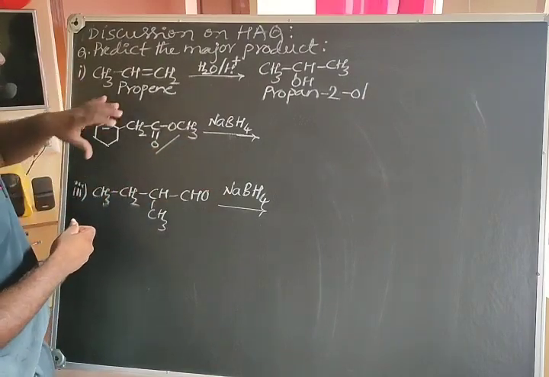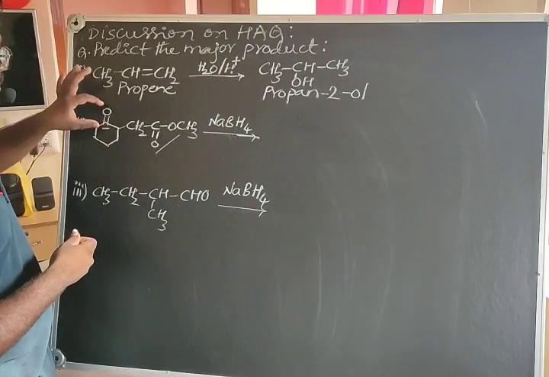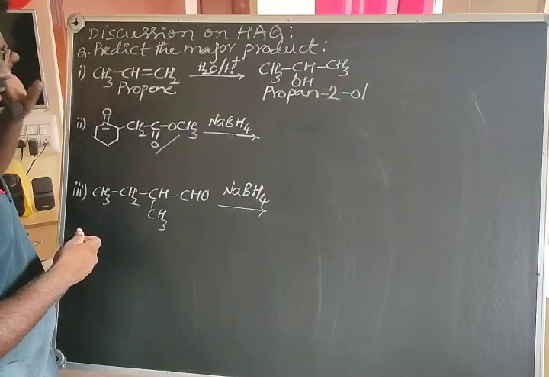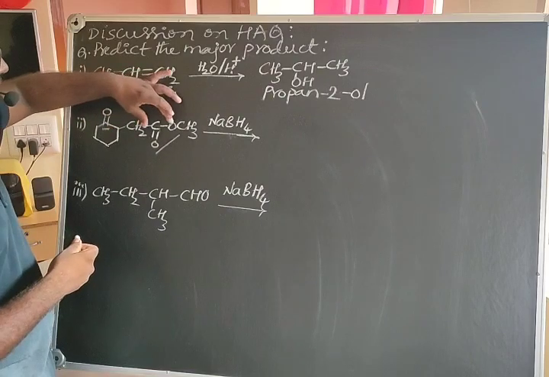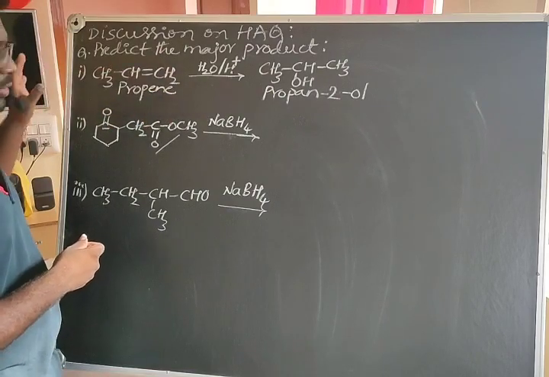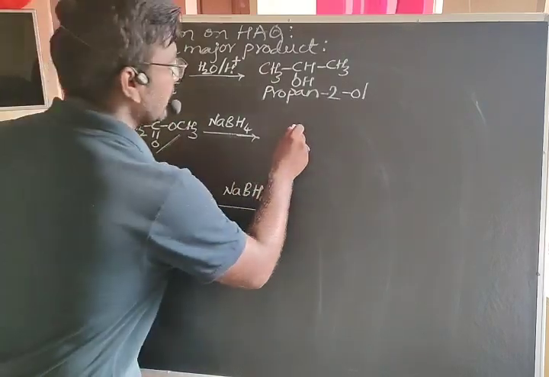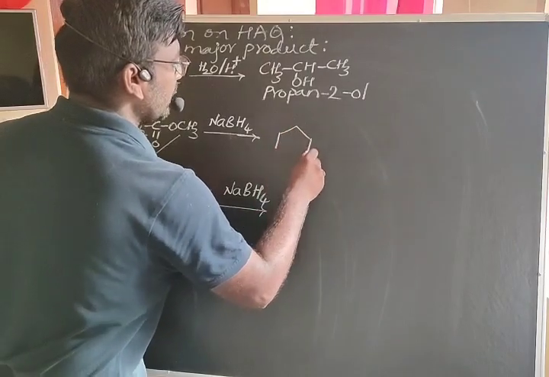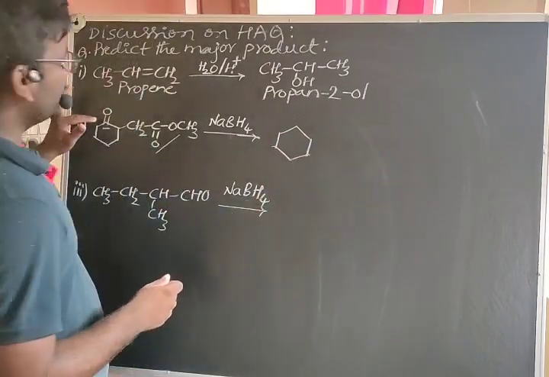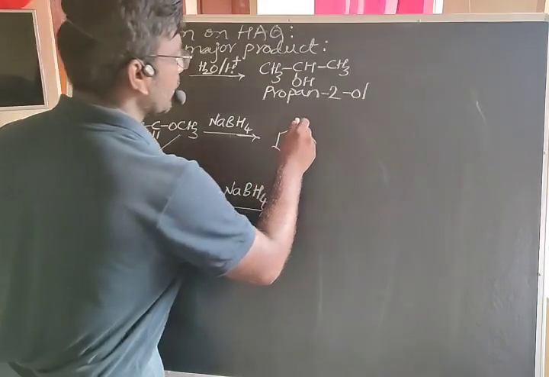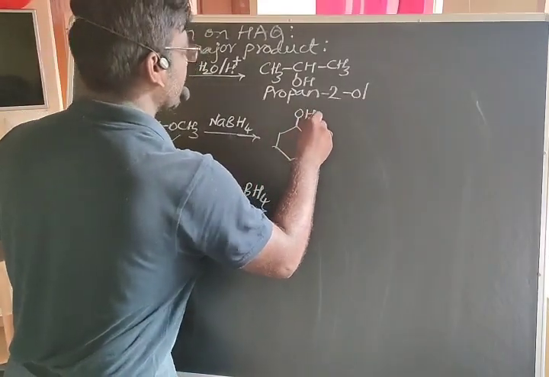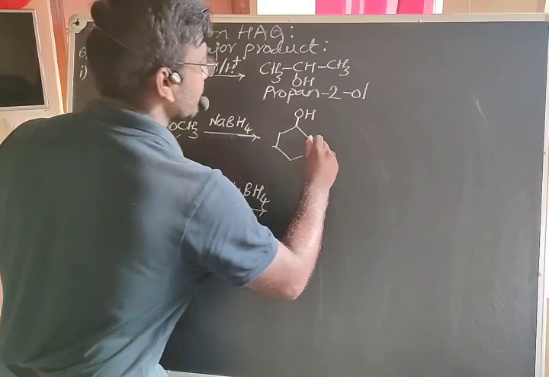Now we see changes in this carbonyl to the alcohol, and there is no change in this ester group. Yes, here we get the major product. This group will be converted to the alcohol part, and this will remain as it is.